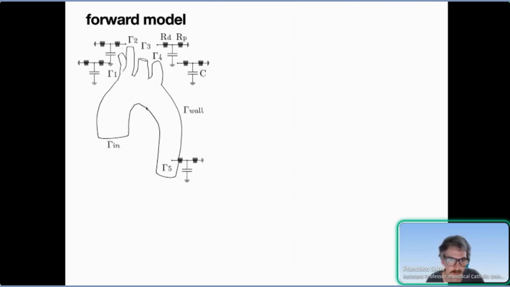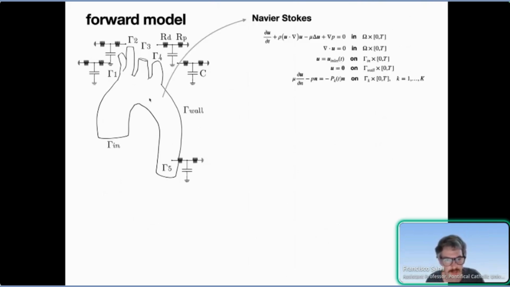Here, as I said before, we will assume the blood is governed by the Navier-Stokes equations, which are in these forms. We have some boundary conditions, meaning that the blood cannot pass through the vessel wall. We also have an inlet that represents the blood that is coming from the heart.